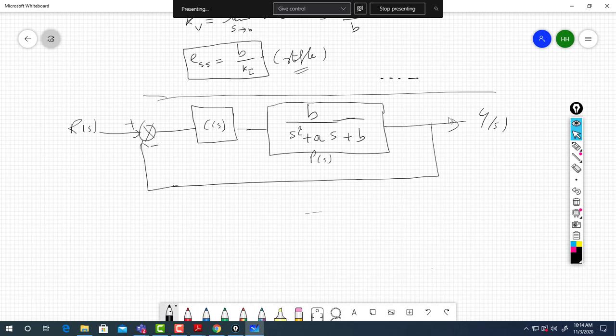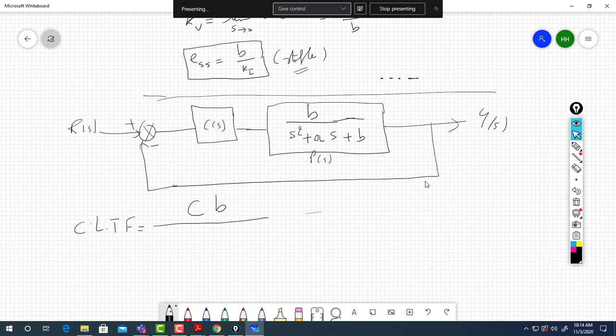Then if you want to find the closed loop transfer function, you have C times B over S2 plus AS plus B, the forward, over 1 plus the loop, right?